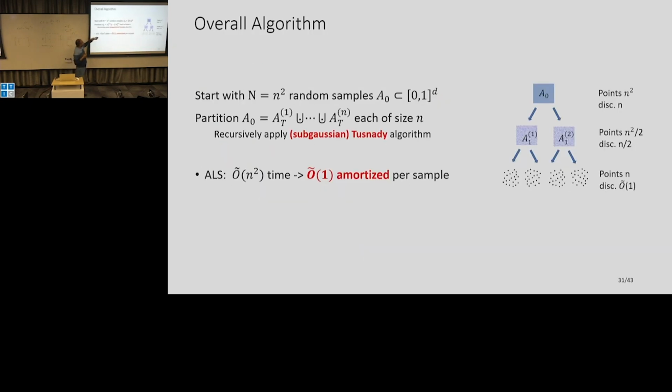And so that will produce these n sets of n points each. And again, if I use this ALS, Alweiss-Liu-Sawhney algorithm, I can do it very fast. You can show that it only takes roughly n squared time. So kind of applying the sparsification, I'm getting these n point sets of n points with very good discrepancy for rectangles.